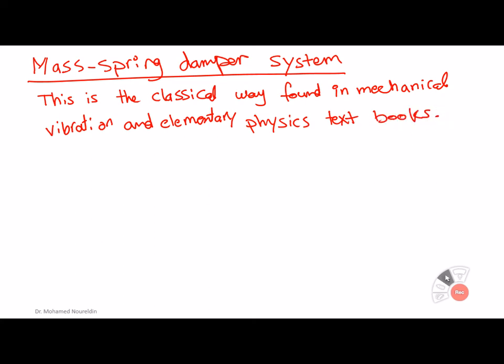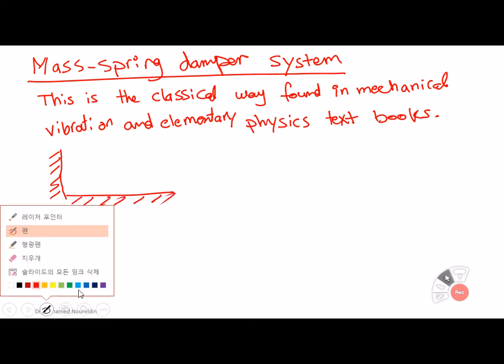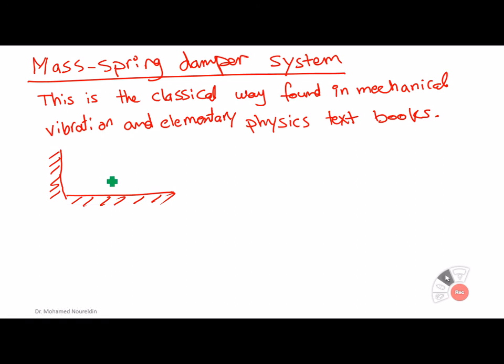Simply what we are going to do here is, you're going to find it very easy actually, because we have a system. Let's assume that we have a system here, a trolley, for example, and there is no friction.